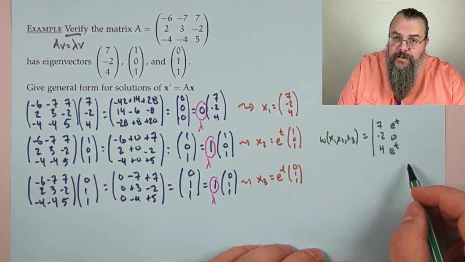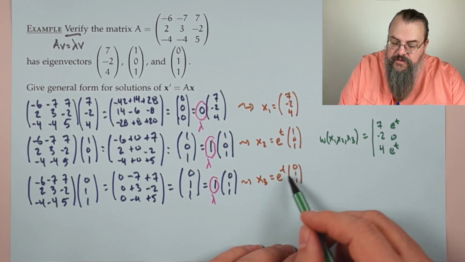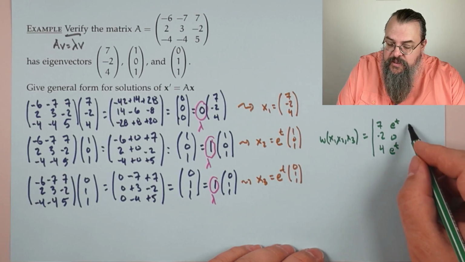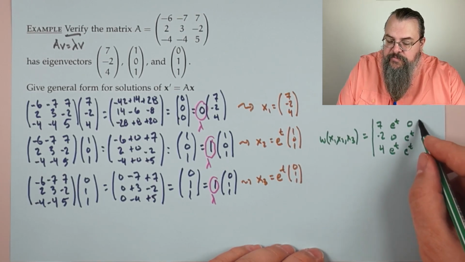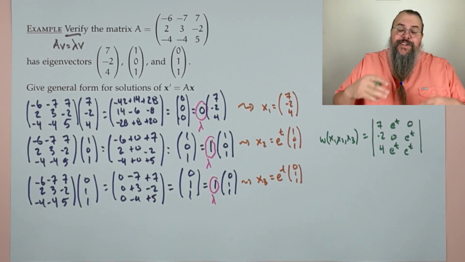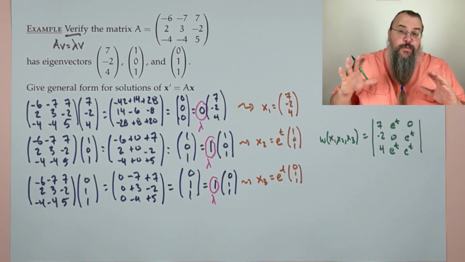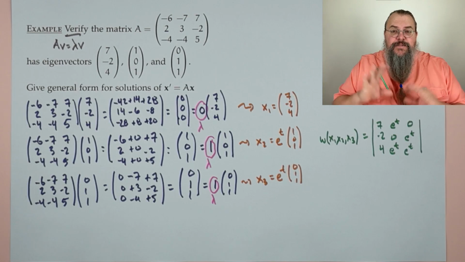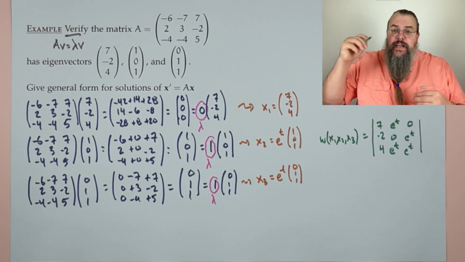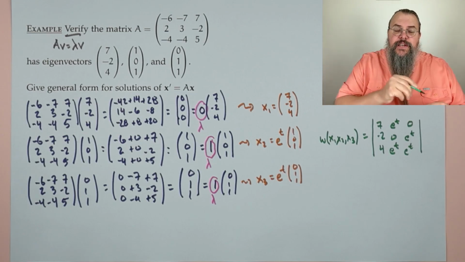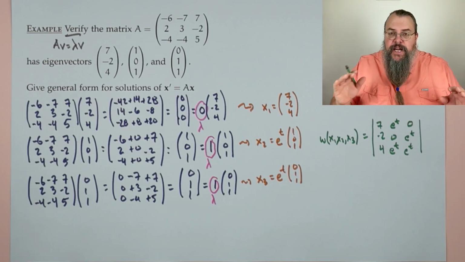The third column, third solution. Again, don't forget to multiply the e to the t through. 0, e to the t, e to the t. So it's a 3 by 3 matrix. That's within our capabilities. Remember, for 3 by 3s, we get diagonals in 2 different ways, and we just have to make sure to keep track.